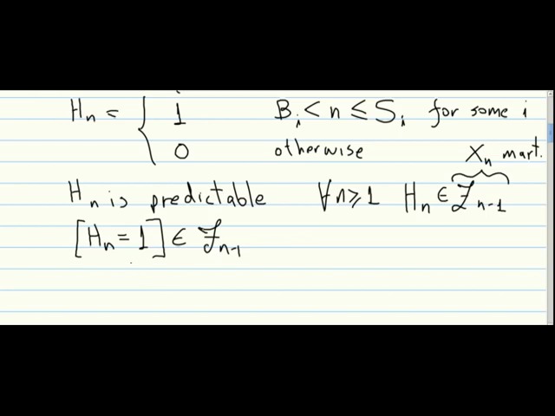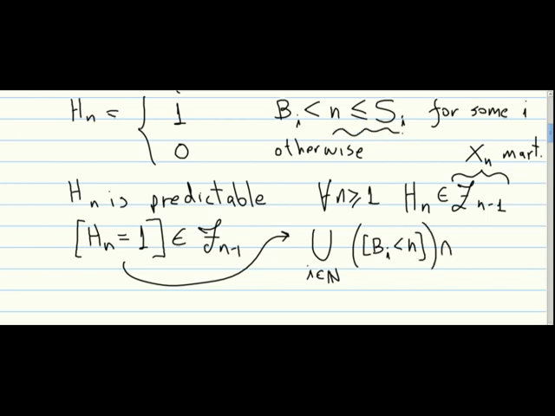So let's break down this event further. So this means that there exists some i, natural number, such that first of all, Bi has to be smaller than n. So I write this event here. And moreover, Si has to be bigger or equal than n.